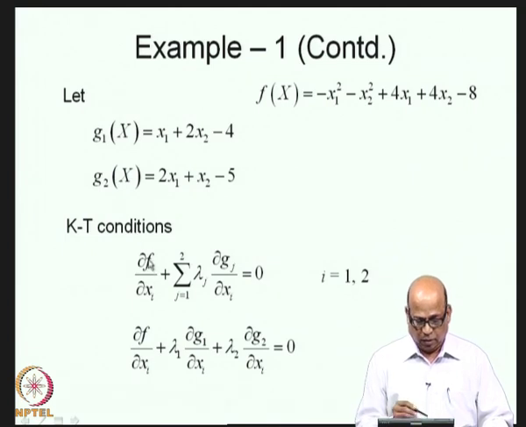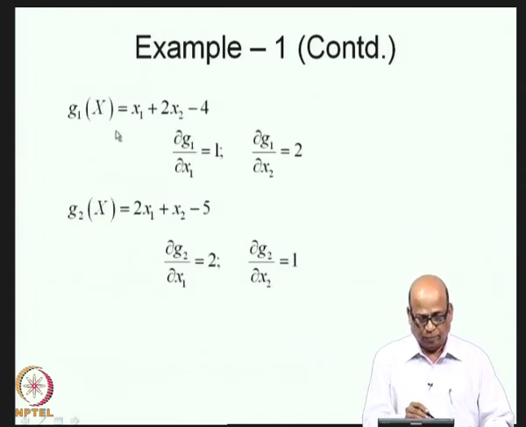Look at the first Kuhn-Tucker condition. We write this for i equal to 1. So, df/dx_1 plus lambda_1 dg_1/dx_i for i equal to 1 plus lambda_2 dg_2/dx_i is equal to 0. This we write for i equal to 1 and i equal to 2. So, you generate two equations corresponding to this. f(x) is this, so we will write that, and dg_1/dx_1 is 1 here.